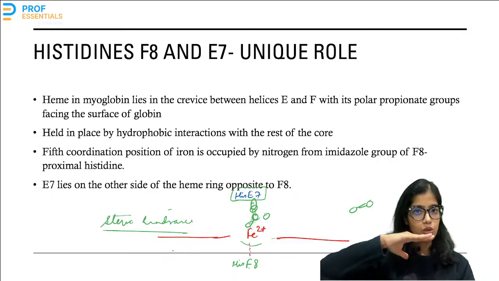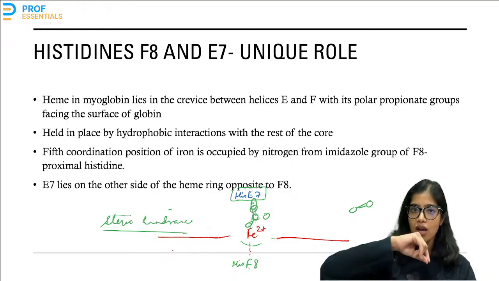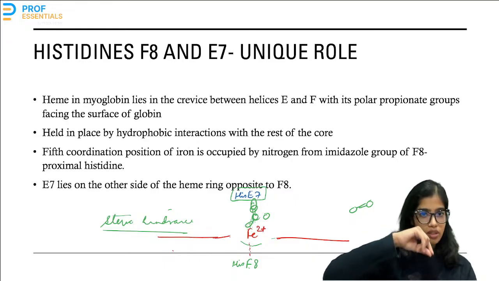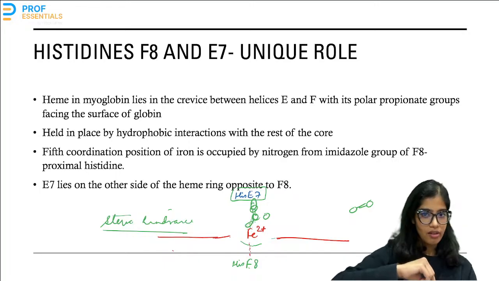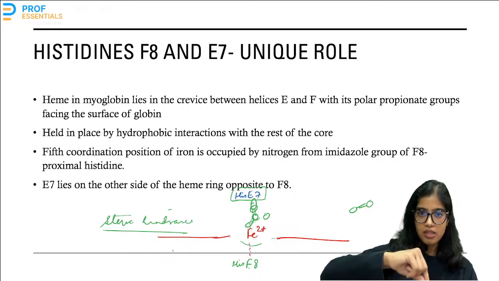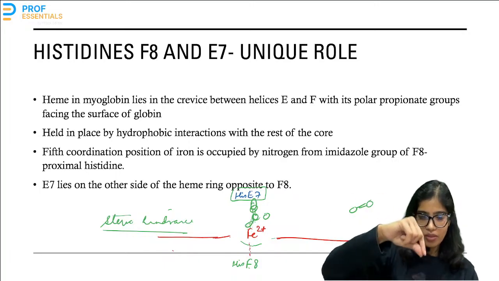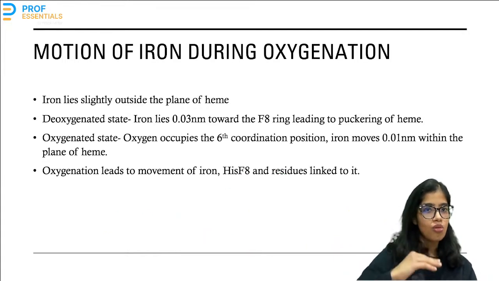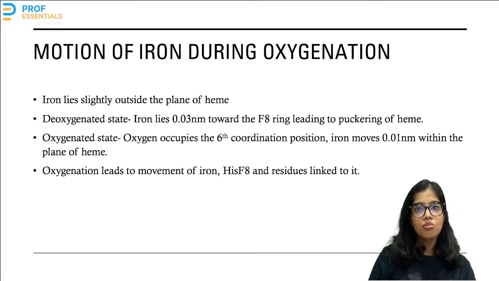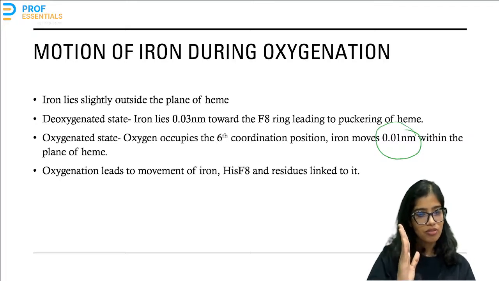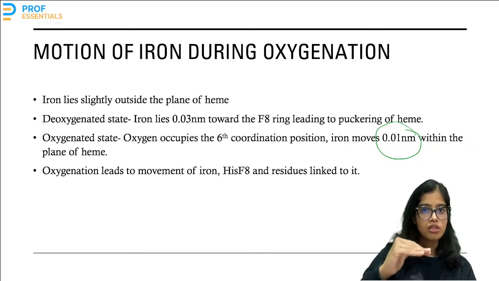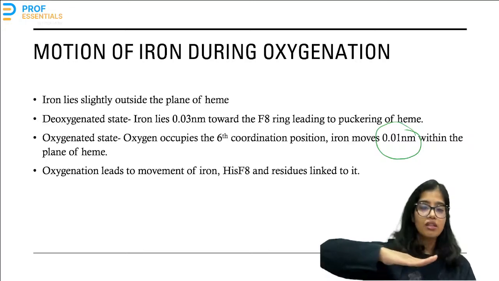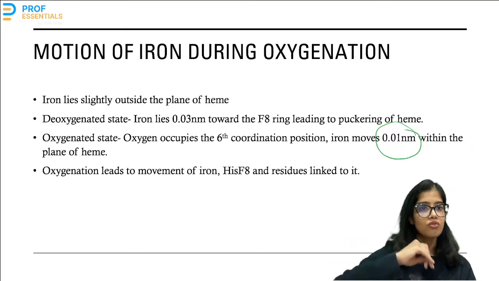Therefore it is slightly below the plane in the deoxygenated state, about 0.03 nanometers below. Now, when oxygen comes and attaches itself to the ferrous iron, there will be a slight pull above. So the ferrous iron will move up by 0.02 nanometers, and now it is within 0.01 nanometers of the plane of heme.